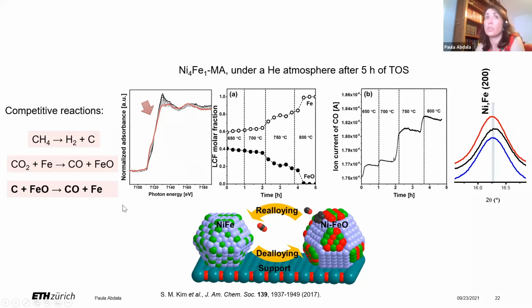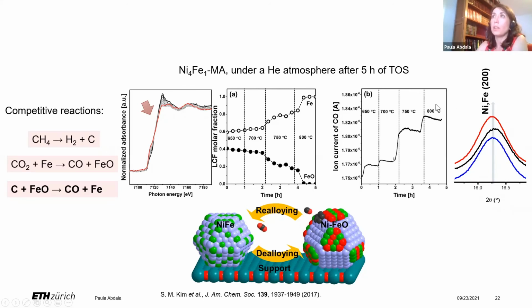The next question was, how is iron now? Is it a different phase or is it going back to the alloy? For this, we looked at the XRD data. Here is the nickel peak, the FCC peak. The blue line is the initial alloyed material. The black one is after this treatment here. And the red is again at the same temperature because otherwise we cannot compare.